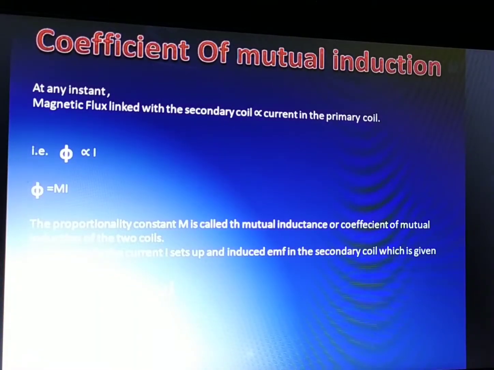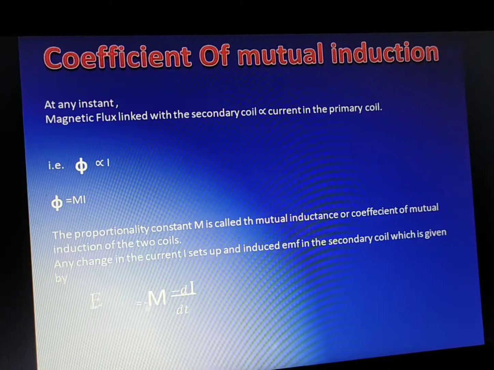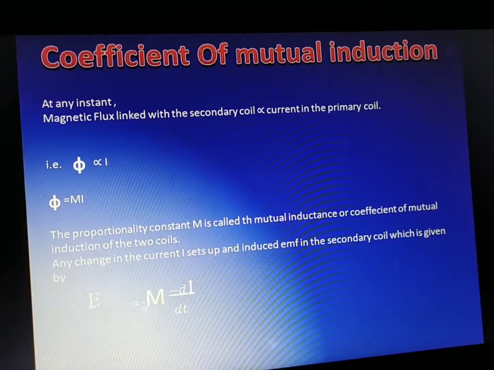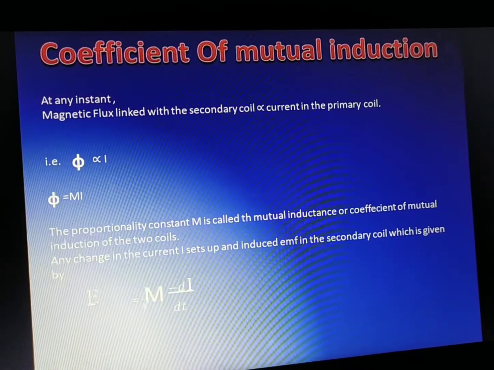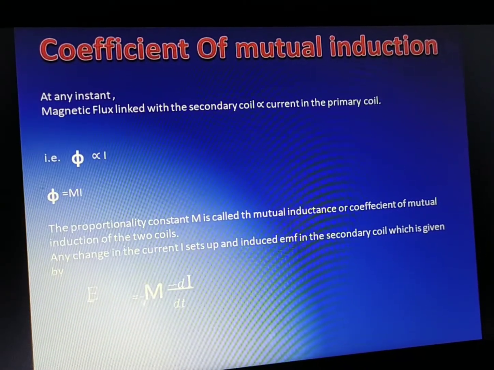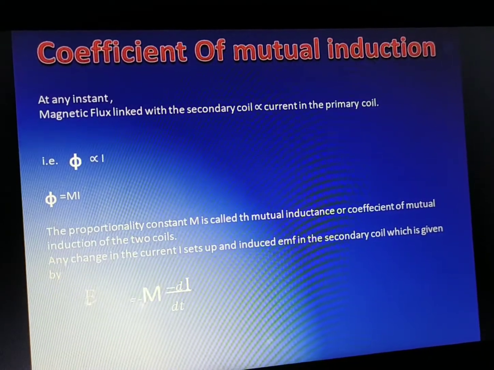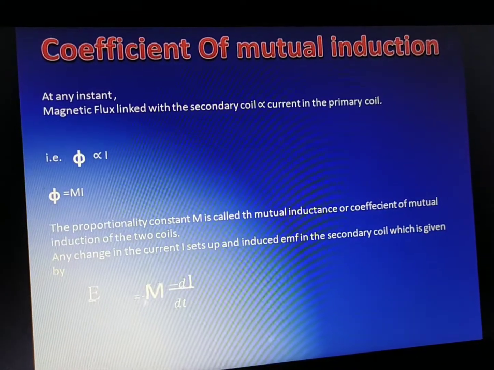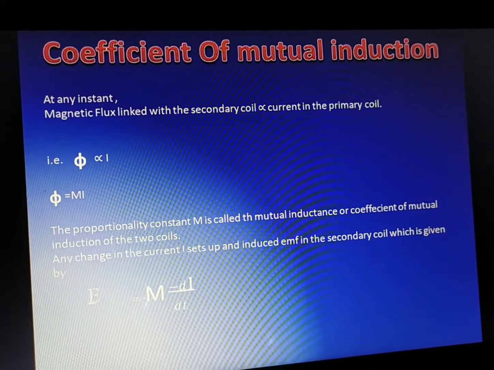Now let us try to find out the coefficient of mutual induction. As we already know from the previous discussions, the magnetic flux which is linked with the secondary coil is directly proportional to the current in the primary coil.